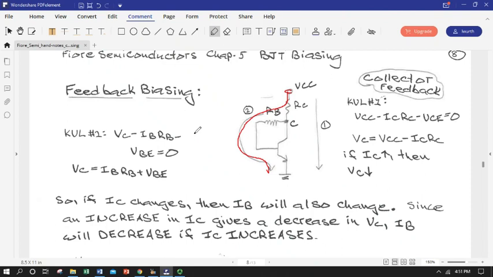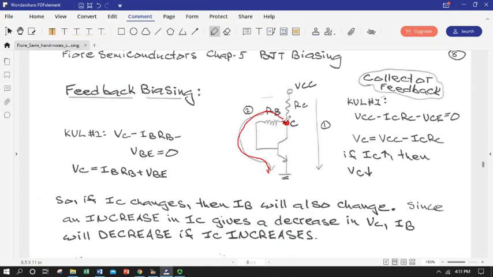So we can define voltage in terms of V sub C just starting here, because we're going to want to compare that to what we had over there, but we could have started at VCC as well. But this time I'm just going to start here.